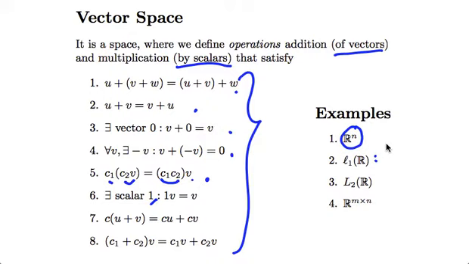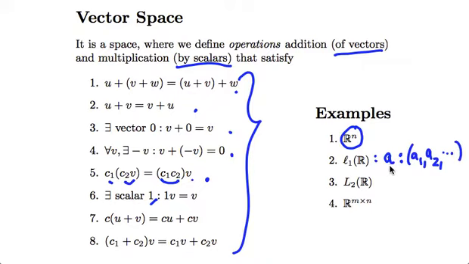Here's one that you might not be familiar with. It's called little l1 or small l1 of R, and it's the set of all sequences. And a sequence A is basically A1, A2, and so on. It's an infinite sequence.